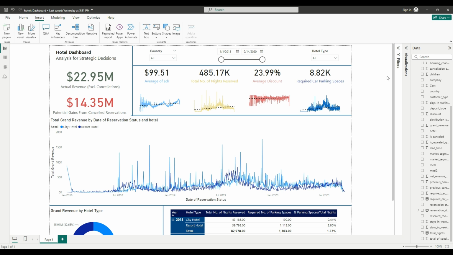So I took the chance, even though it's not one of the requests of the stakeholders. However, sometimes you need to let the data talk for itself. And in this case, I separated the grand revenue calculation into actual revenues and into potential gains from canceled reservations, because as you can see, it's a huge number, which might be the industry norm, but nonetheless, it presents something big.